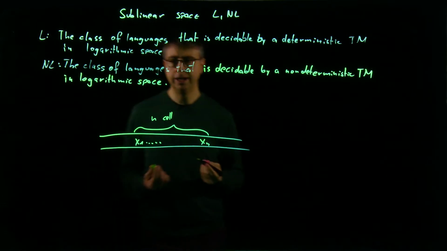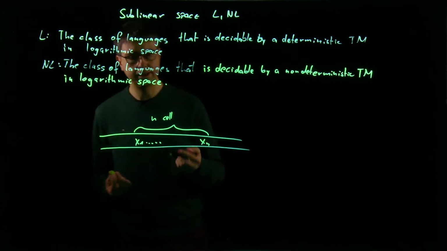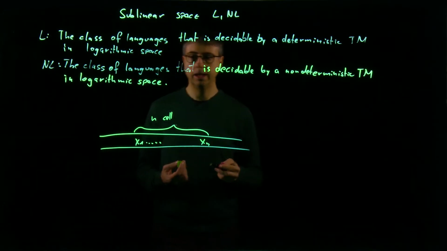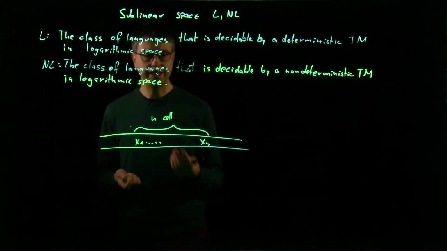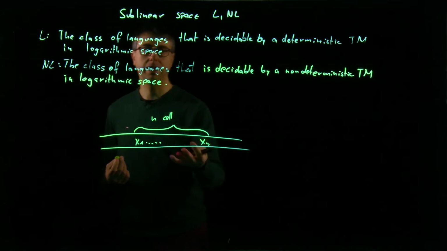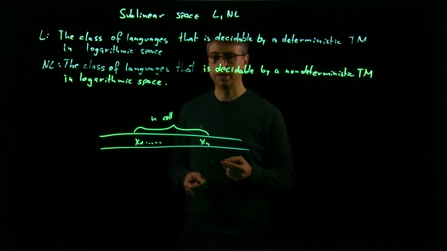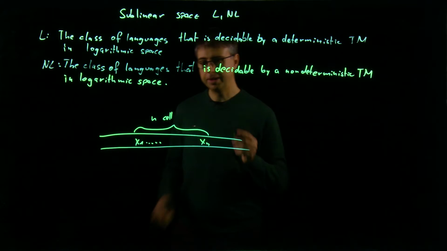So if the Turing machine is only allowed to visit log n cells, it would not be possible to read the input. That doesn't really make sense, because without reading the input, how can you decide whether something is in the language or not?